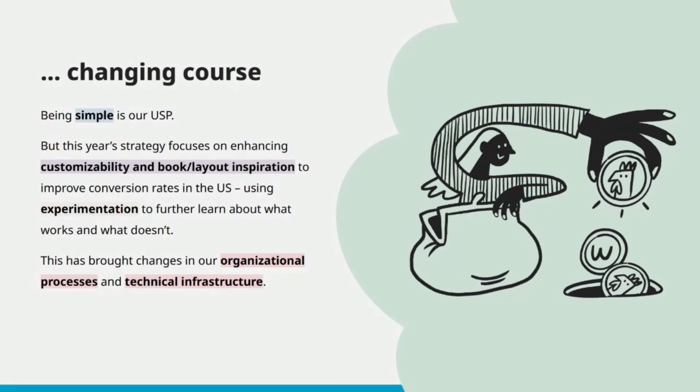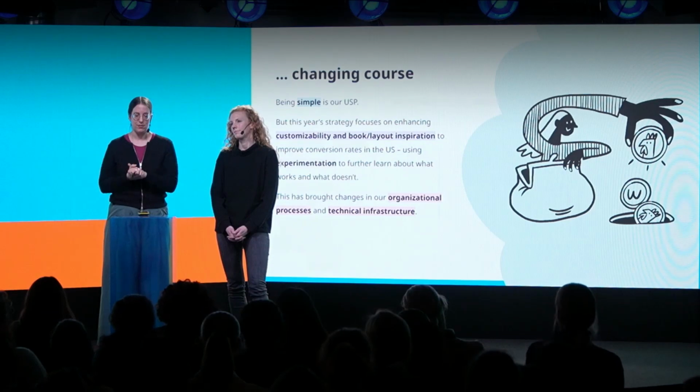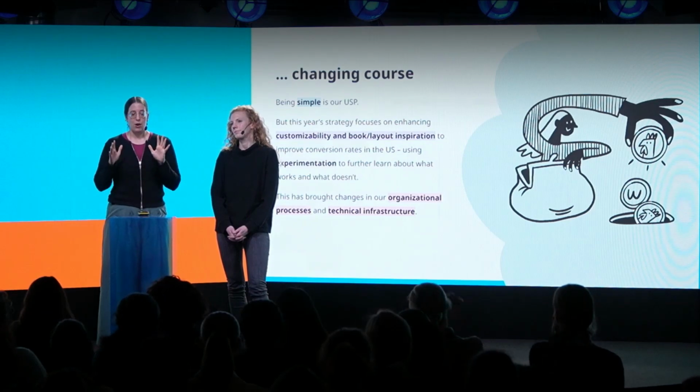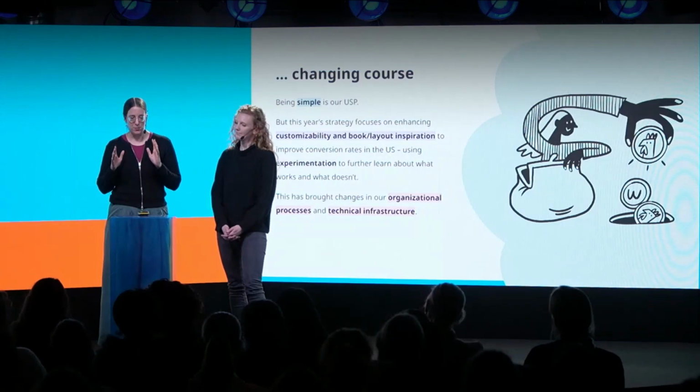And to help us find the right amount of customizability and inspiration, we're going to use experimentation and A/B testing. Now we have some very strong hypotheses about what is going to work for our users, and that will allow us to test those hypotheses in a very effective way.